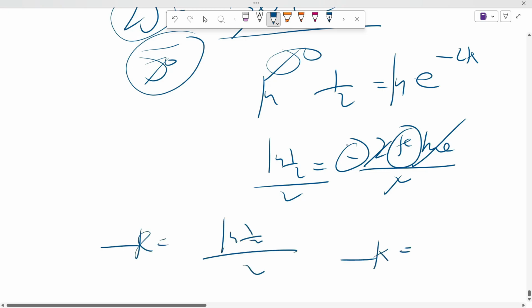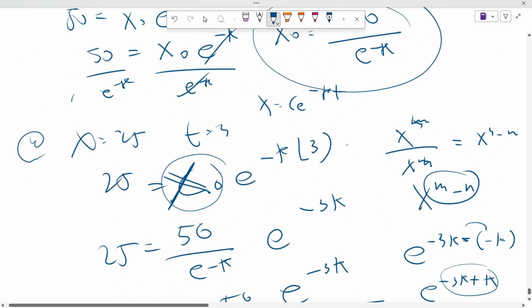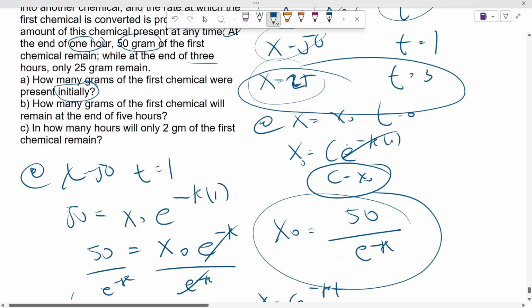So negative k equals what? Negative 0.3466, guys. That's the value of negative k. If you look, guys, what is asked in the problem? The initial amount.